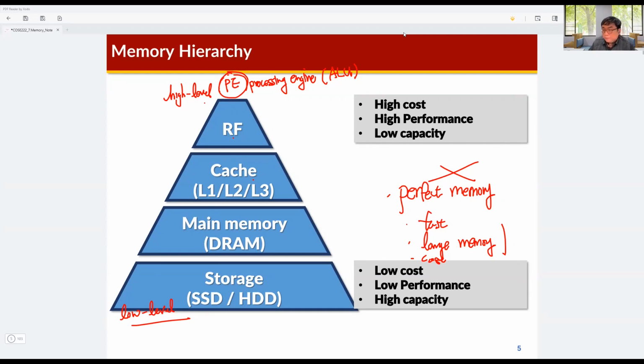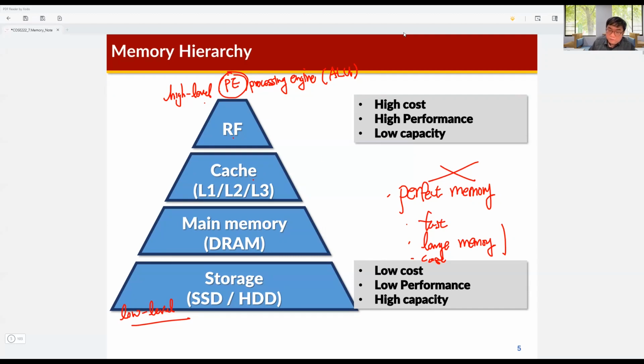And how about low performance memory? For low performance memory, the size is very large and the cost is low, so the price is cheap, but it's very, very slow. So the problem is that we do not have perfect memory.